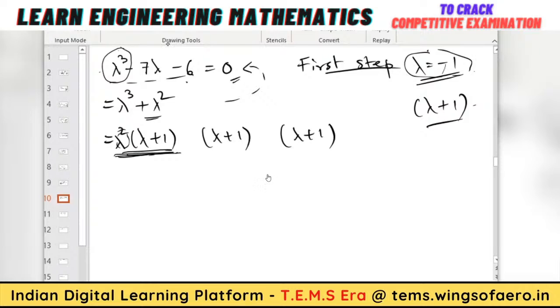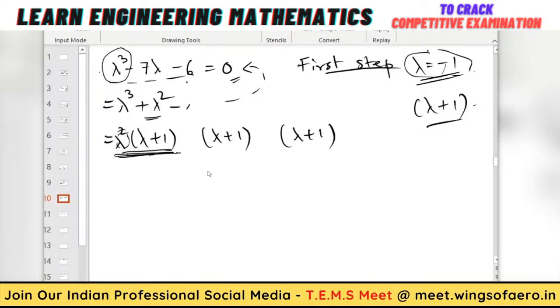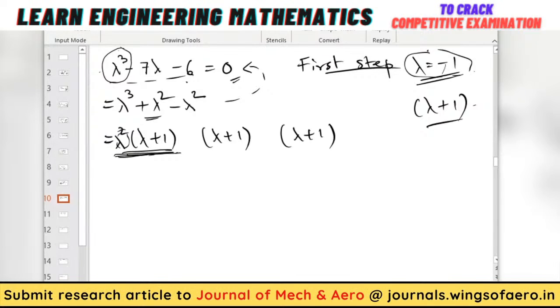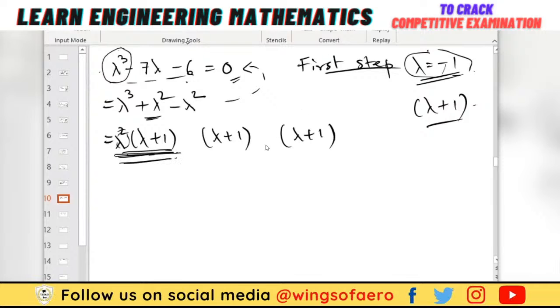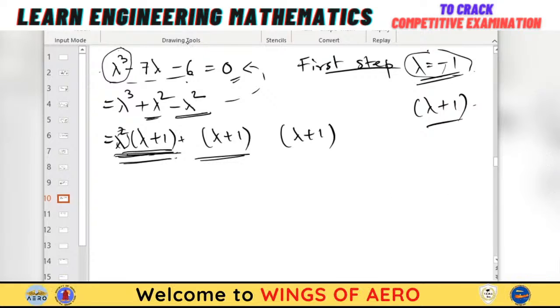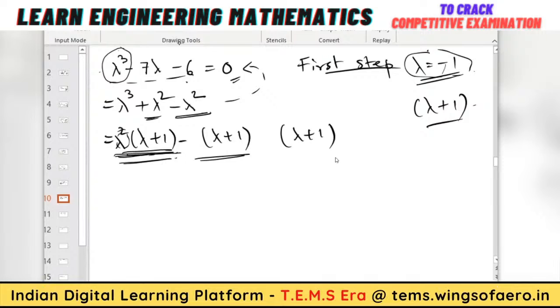Exactly, minus lambda square. So put here minus lambda square. Now plus lambda square you already obtained from here. Minus lambda square, how can you obtain minus lambda square from here? What is the lambda term? Yes, minus lambda.